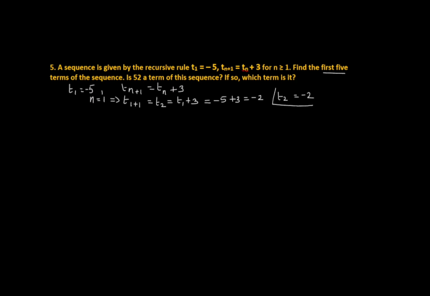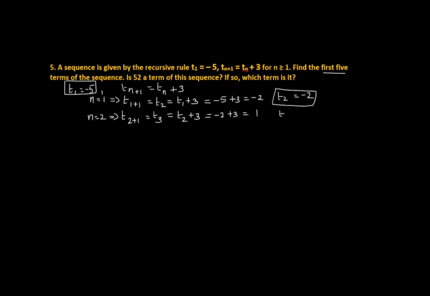Then n is equal to 2. So 2 plus 1, T3. This is the third term. Right hand side, replacing n by 2, T2 plus 3. So T2 is minus 2 plus 3 is 1.